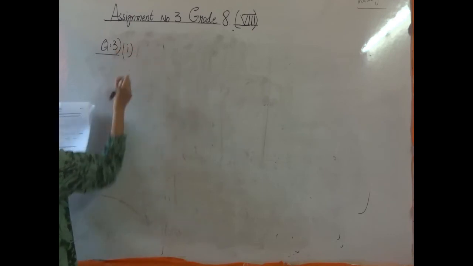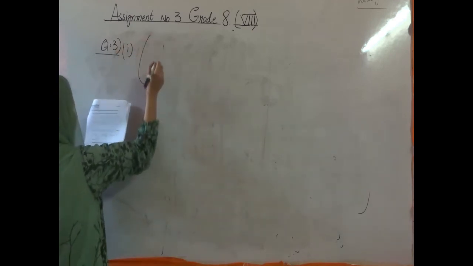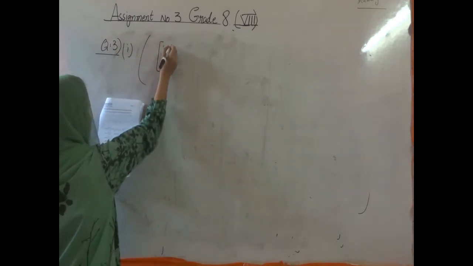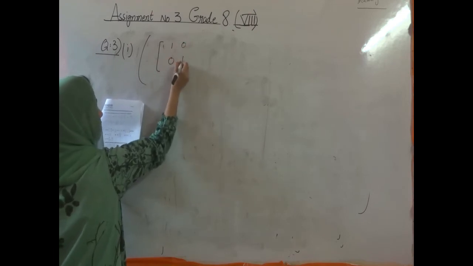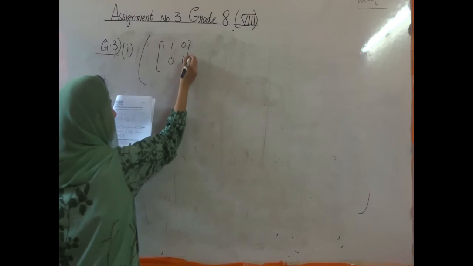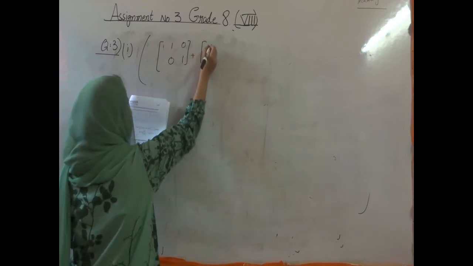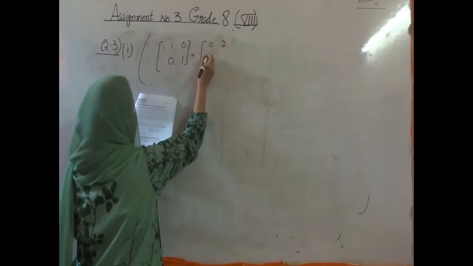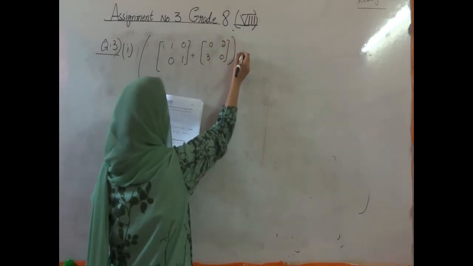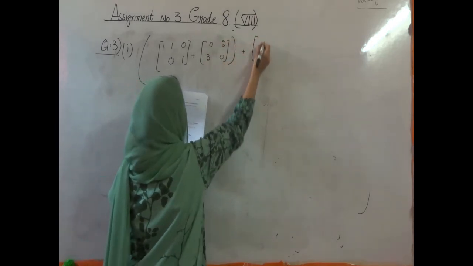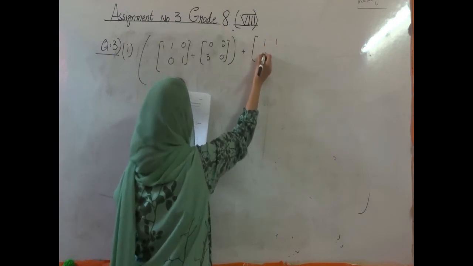Part 1. Small bracket, then the matrix 1, 0, 0, 1, and the other matrix plus 0, 2, 3, 0, small bracket close, and then plus 1, 1, 1, 0.